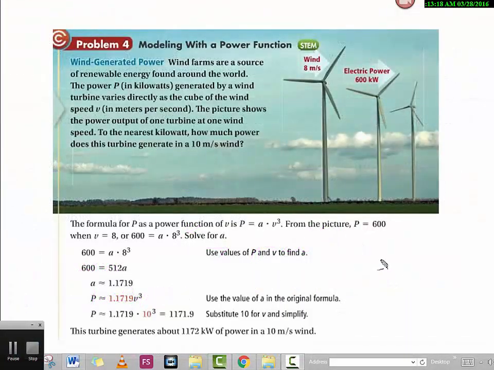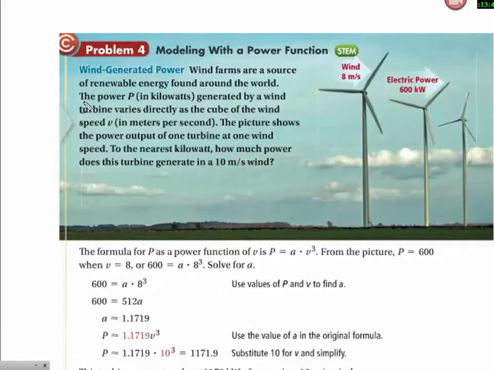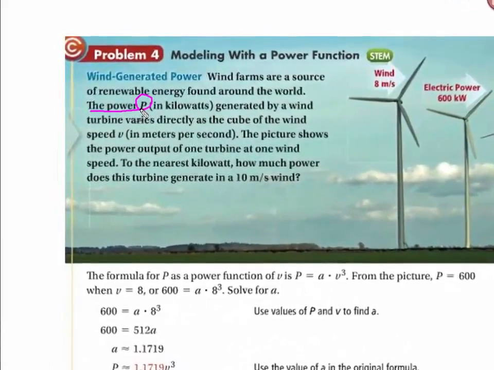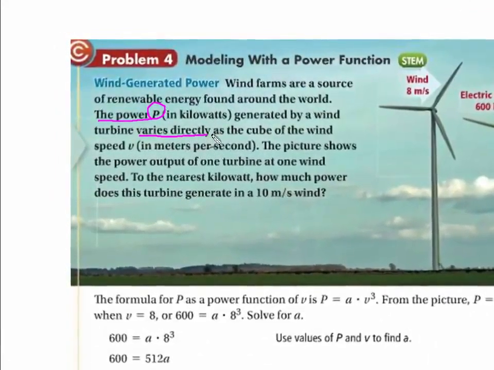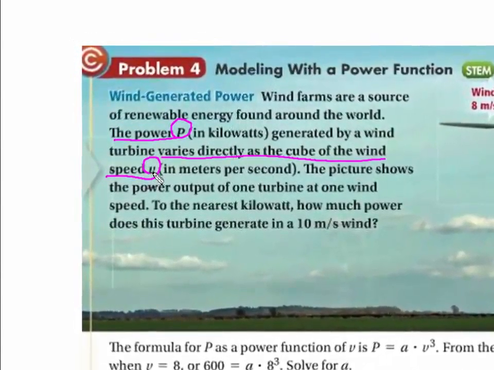In the next slide, I'm going to show you an example. This example shows how the concept of power function applies in a real-world context. So let's translate the words in the problem into a mathematical model first. Some key facts here are, first, the power p, which is a variable, varies directly as the cube of the wind speed v, which is another variable.